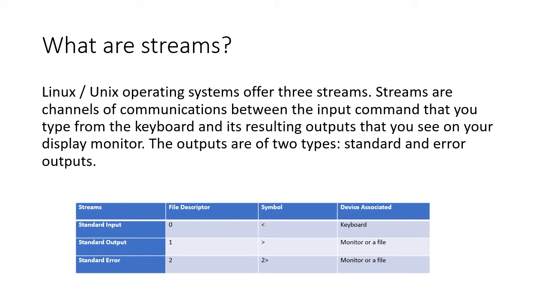The file descriptor associated with standard input is 0, with standard output it is 1, and with standard error it is 2. While the symbol for standard input is less than sign, for standard output is greater than sign, and for standard error it is 2 and greater than sign.